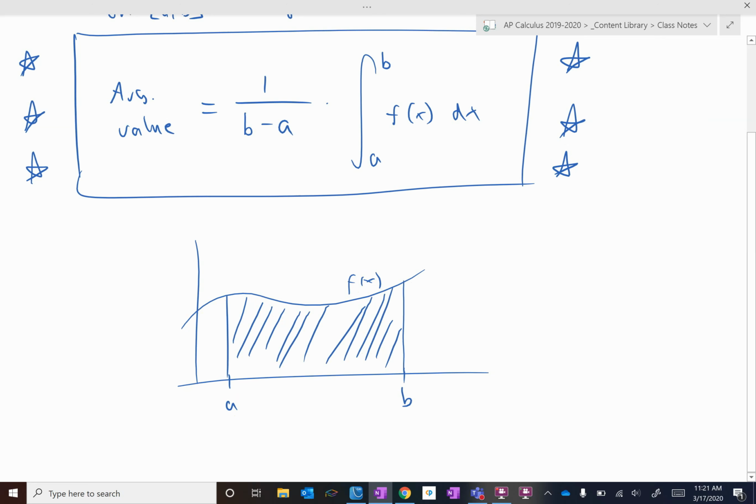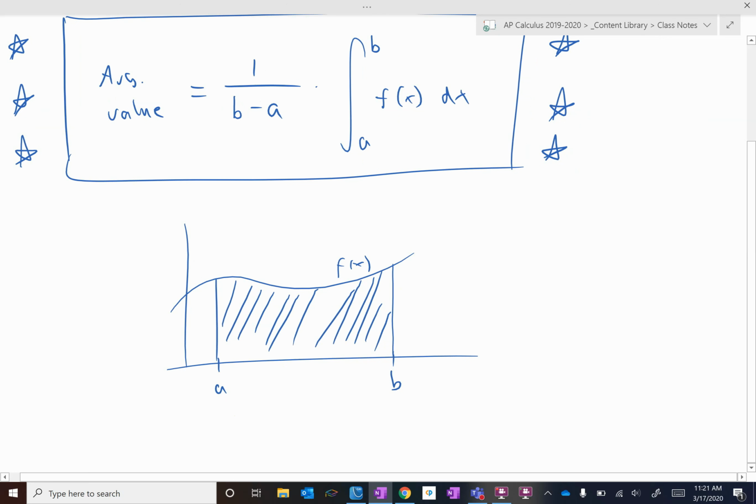And what we're saying here is that if I simply divide by the length, I'll get the average value.